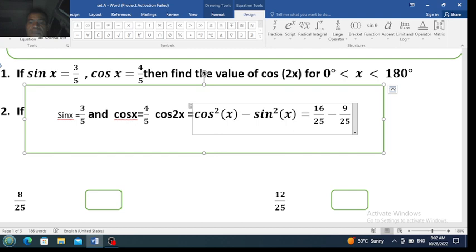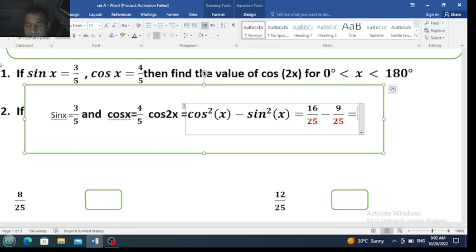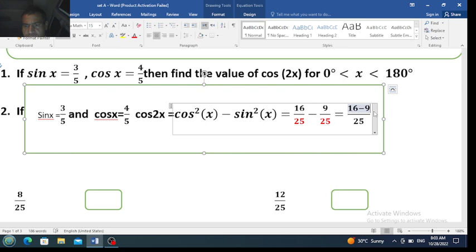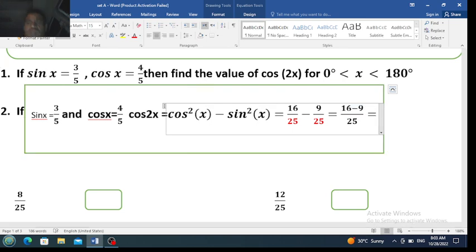I will now subtract the second numerator from the first numerator of the two fractions, meaning I will write 16 minus 9, which is equal to 7 over 25, 7 divided by 25.